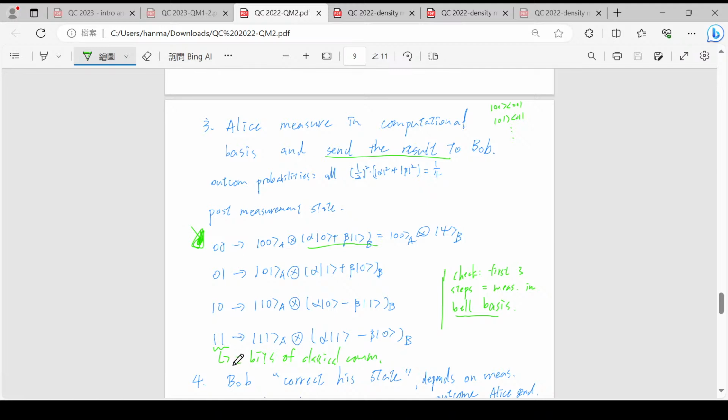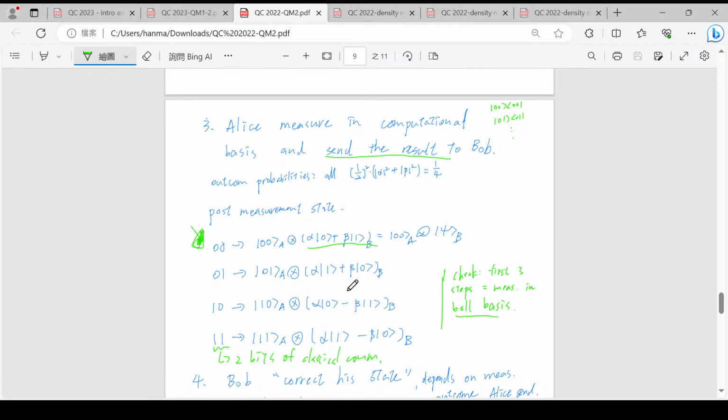But Alice doesn't know anything about alpha and beta either, because she only gets one of the 4 outcomes, 00, 01, 10, 11, and those are drawn uniformly at random. The probability is 1 over 4, which doesn't depend on alpha and beta. So in the middle of the teleportation, neither Alice nor Bob knows anything about psi.